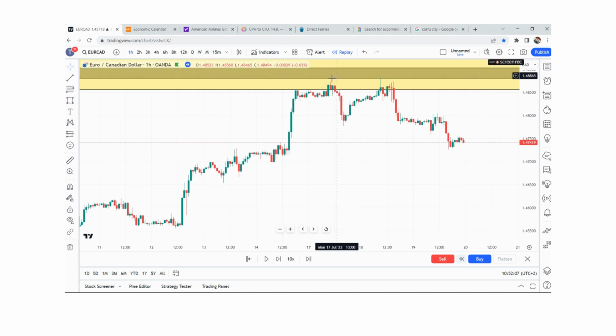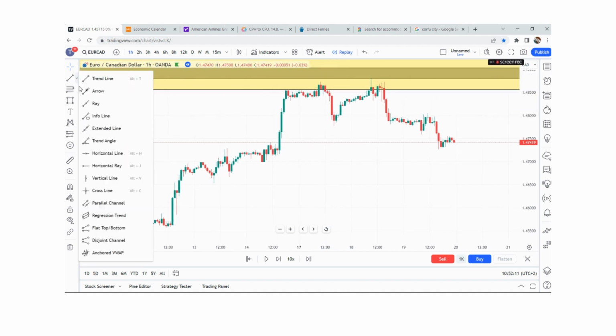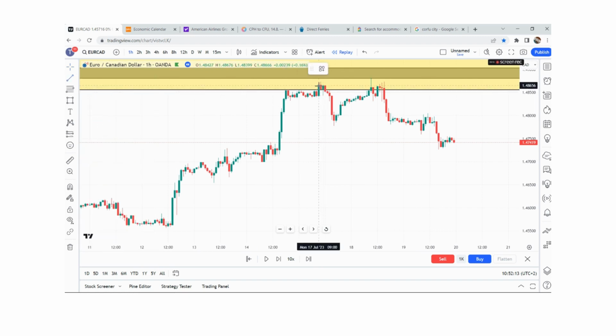So let me draw this one like this, and as you can see, a lot of retail traders sold very early here and put their stop loss right above, and this is where liquidity happens.